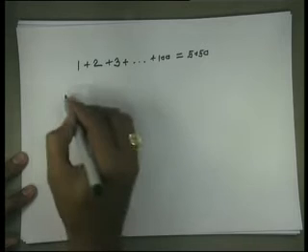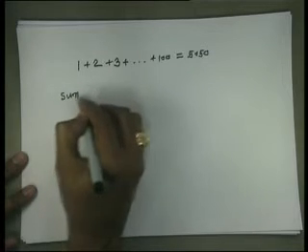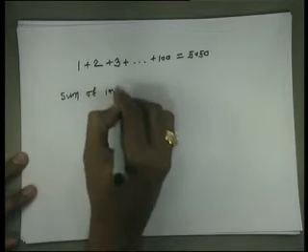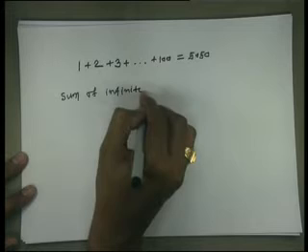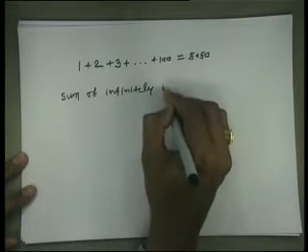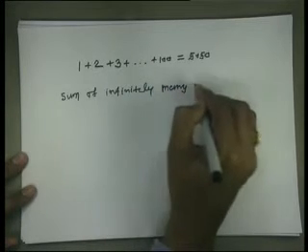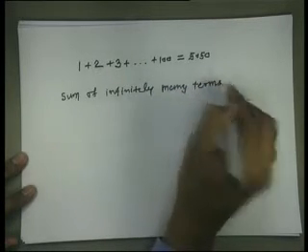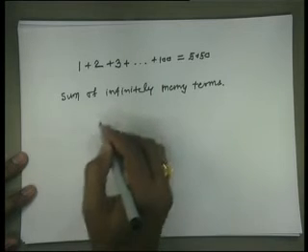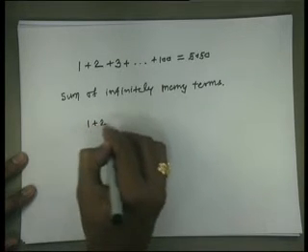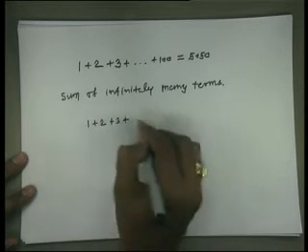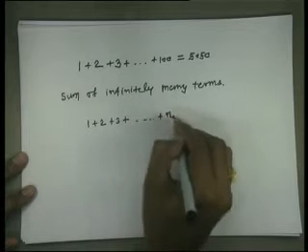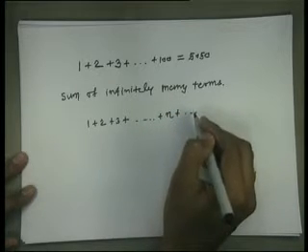Okay, when we consider the sum of infinitely many terms, suppose I consider 1 plus 2 plus 3 plus and so on, up to the nth term and so on.